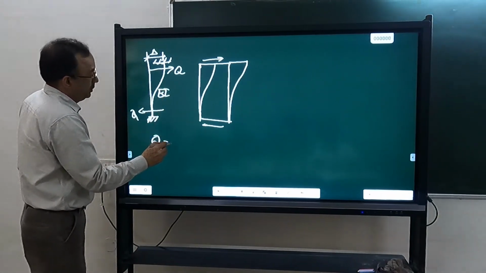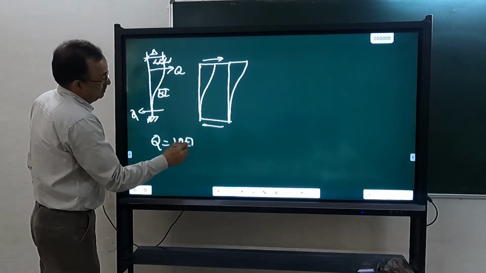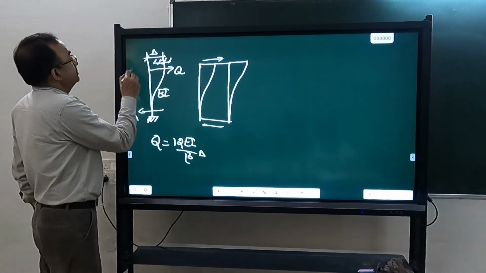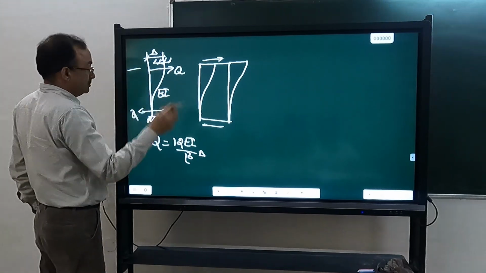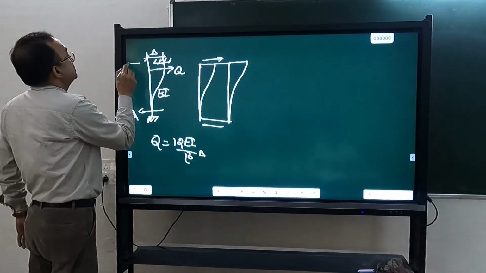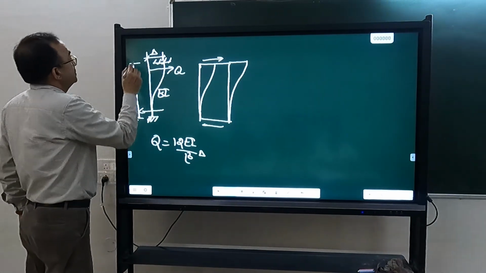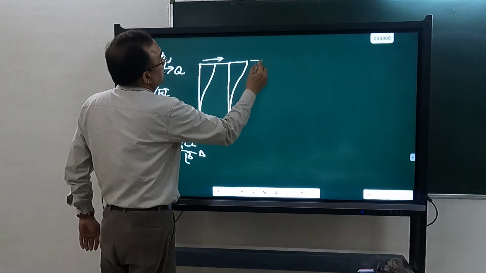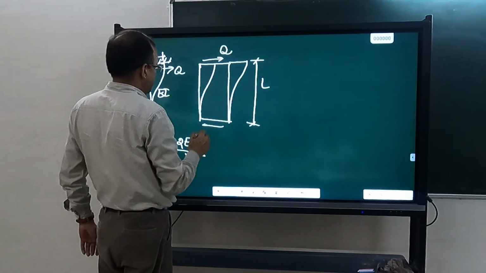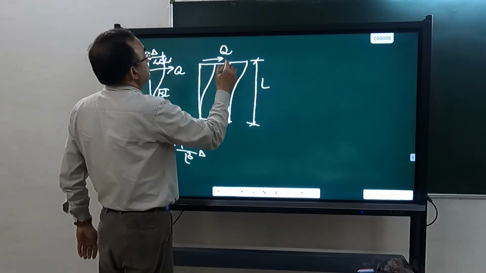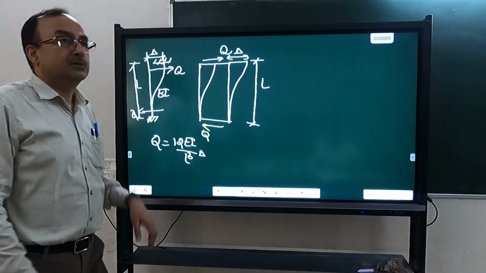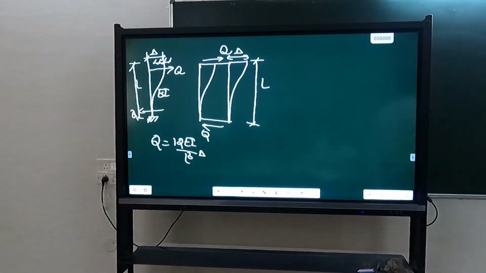So Q is equal to... suppose here, what will be the relationship between Q and delta here?